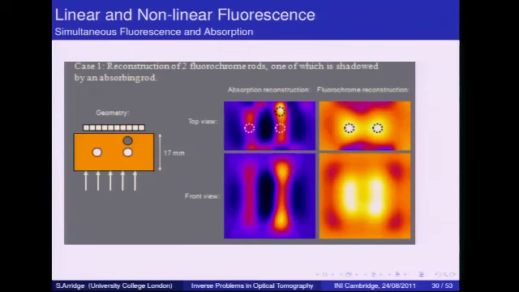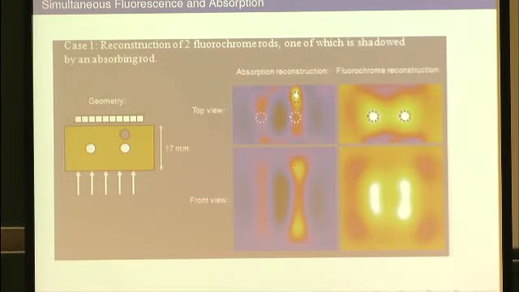So if we ignored this effect, we would see less signal from this fluorophore, and we would get a reduced amplitude in this reconstruction. But as you see here, the two amplitudes are almost equally well reconstructed, and the absorber is determined to be at this point. What you see here is just part of the ill-posedness of this.